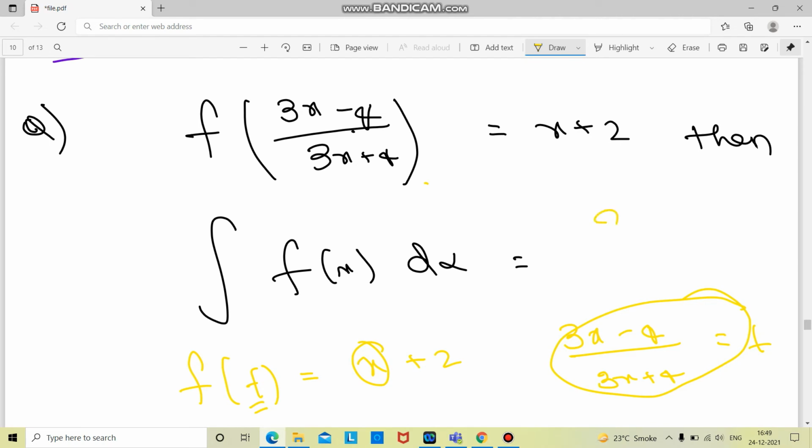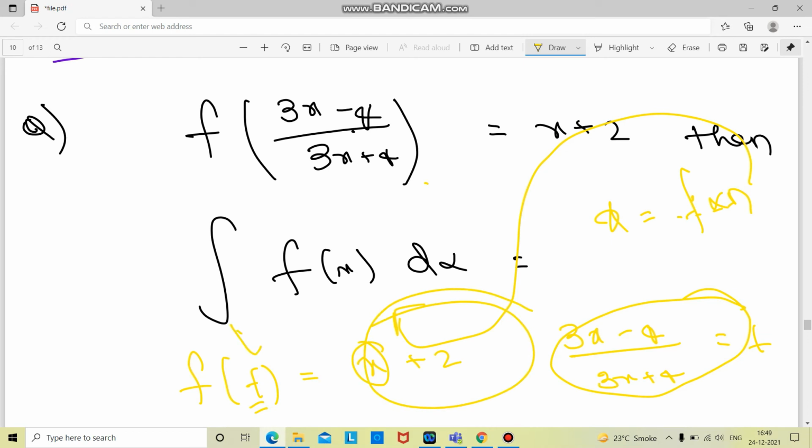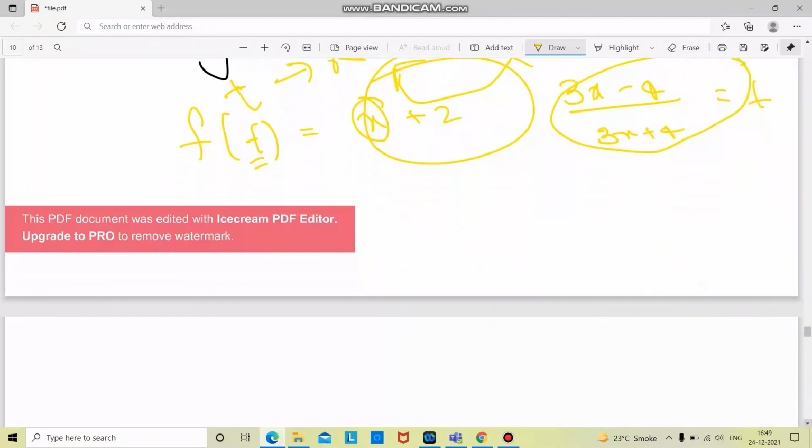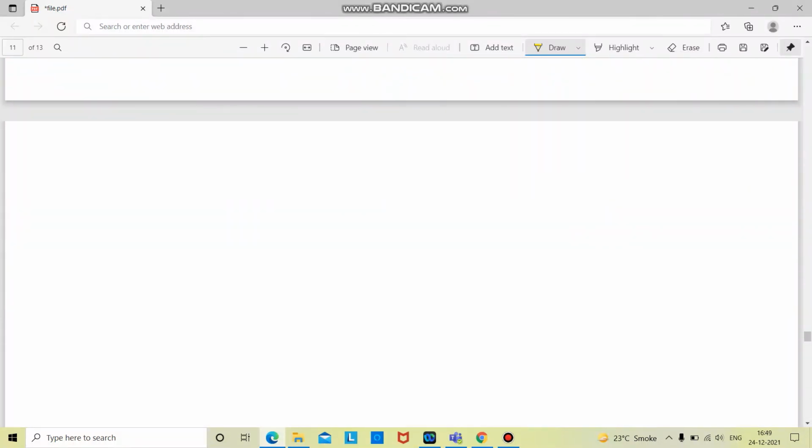So from this equation, we will calculate the value of t. x will come in function of t, that we will put here, and then ft. We will replace t by x, and we will integrate. It is very simple. I will leave it up to you, and we will proceed to the next question.